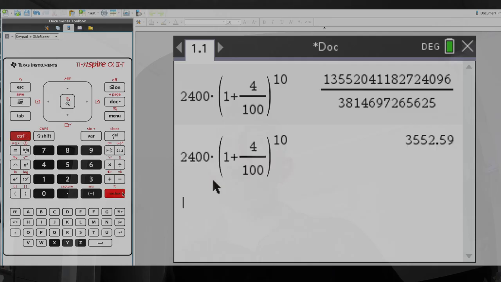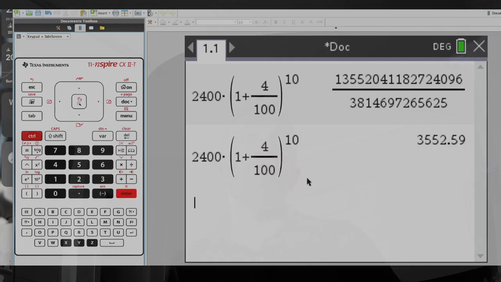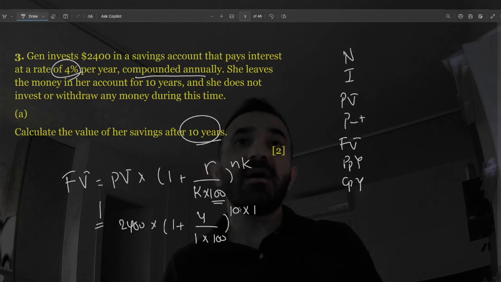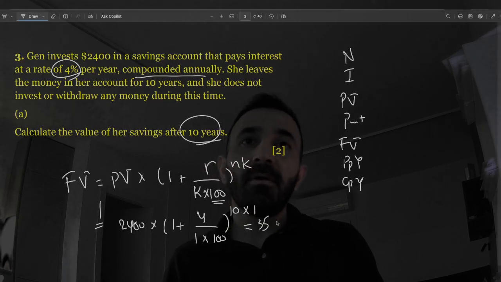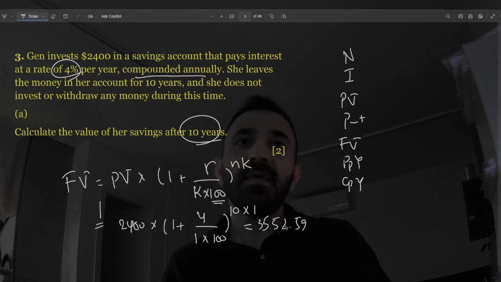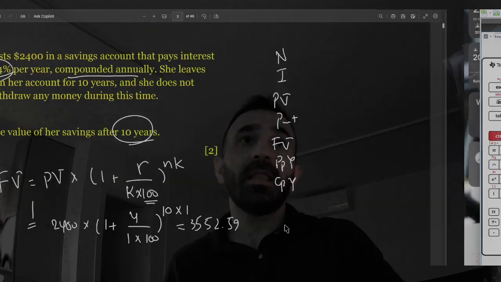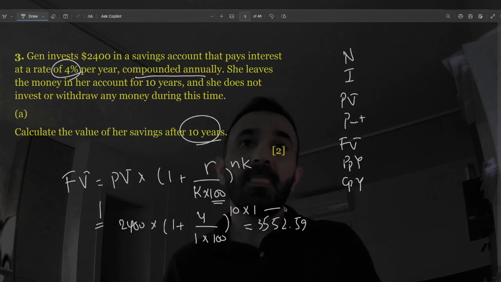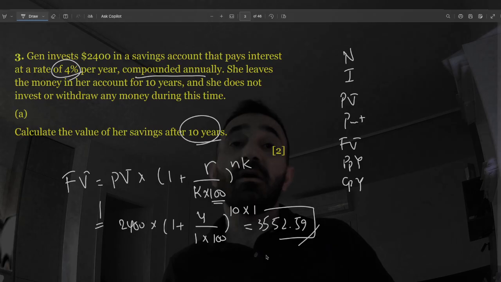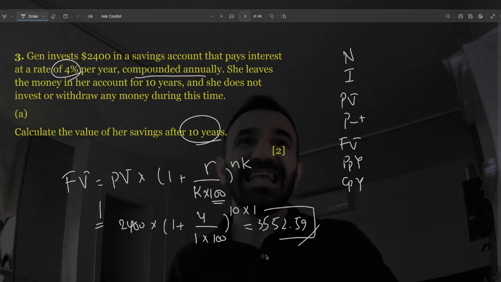Press control enter to get the number in decimal: 3,552.59. That's the value of our investment after 10 years.